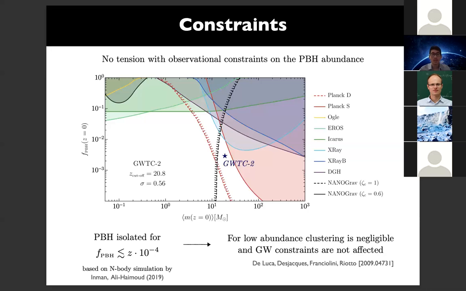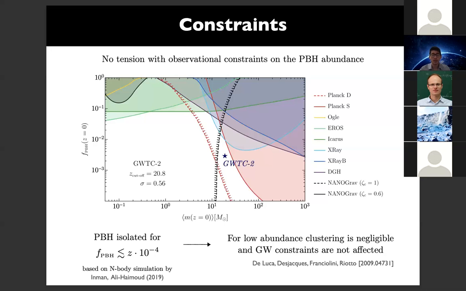So as you can see, the star, which is the point which best fits the data, is actually allowed by present constraints. Let me also stress for this comparison that the clustering is not affecting these constraints.